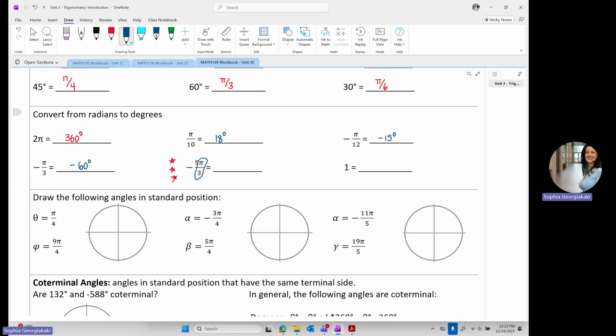Pi over 3 is 60 degrees. So I have negative 5 times 60 degrees, and that will be negative 300 degrees. Now, for 1 radian, I cannot do that math. A radian is an irrational number.